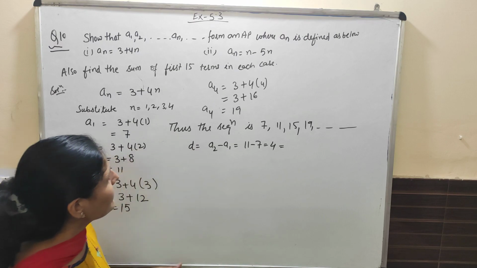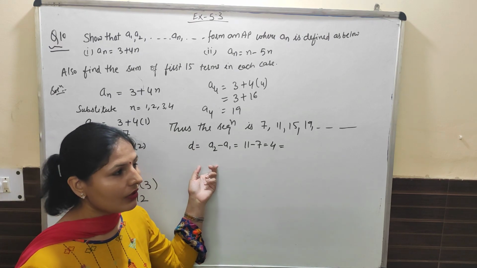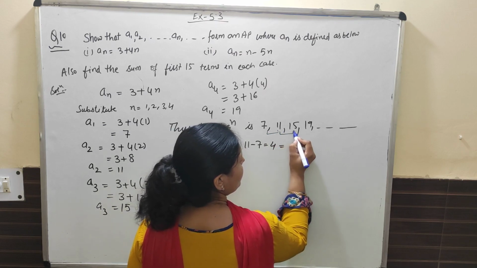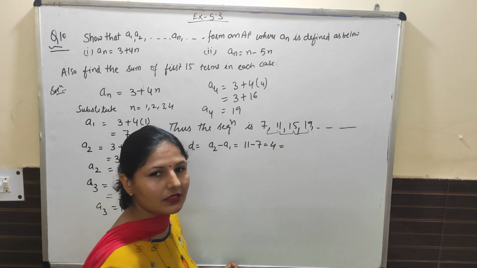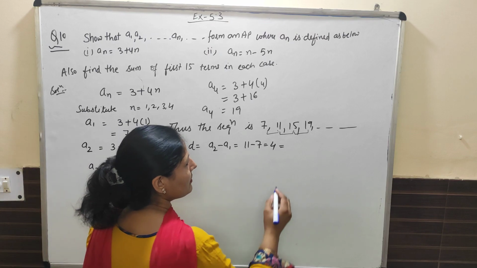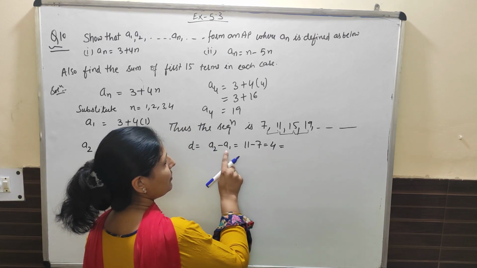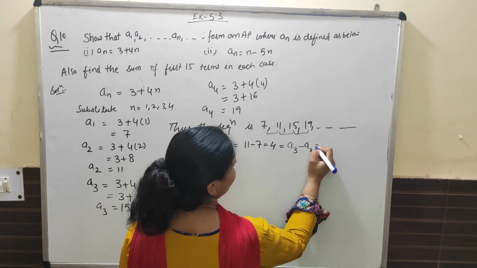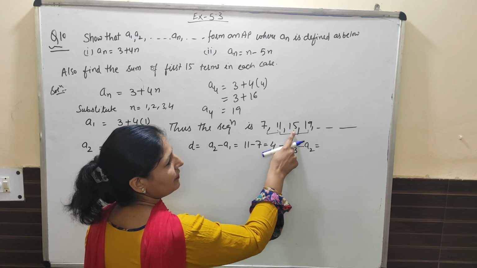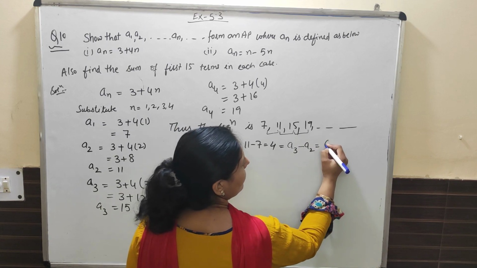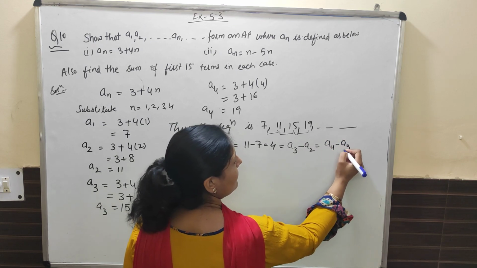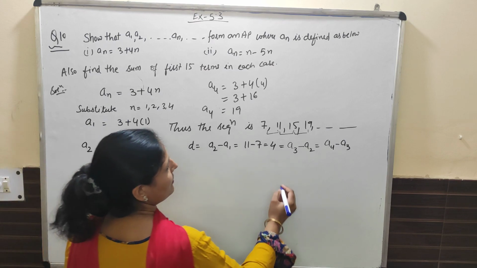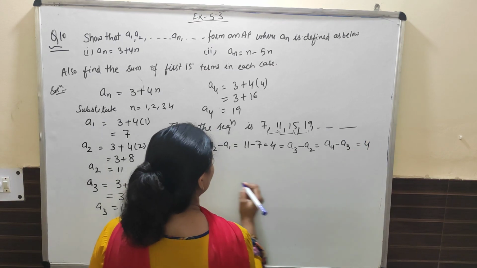For proving whether this sequence is an AP or not, we have to show the common difference between consecutive terms is always the same. A2 minus A1 is 4. A3 minus A2 will be again 4, 15 minus 11. And A4 minus A3 is also the same, 19 minus 15, which is equal to 4.